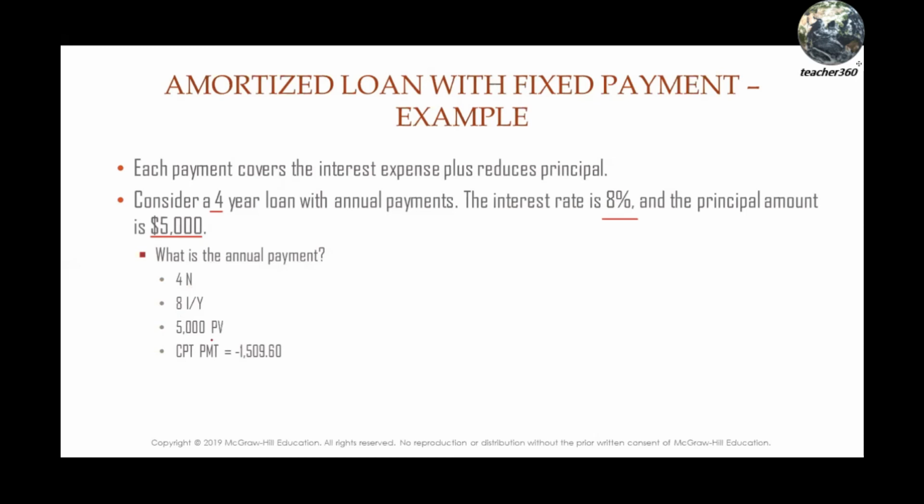For present value, press 5,000. Then press CPT PMT. Then you will get $1,509.60. We have given a negative sign here as it is your cash outflow in each year.